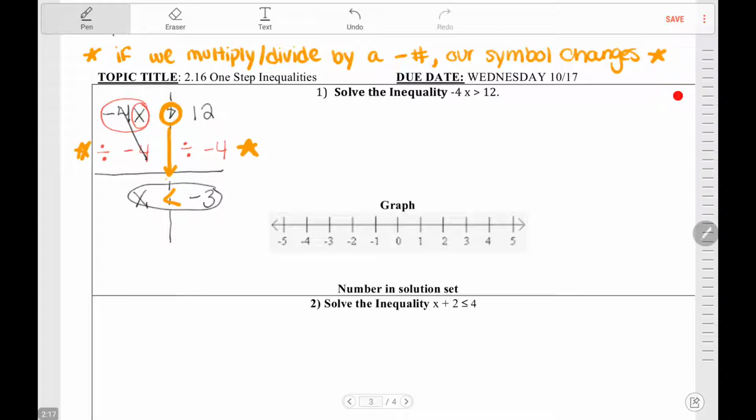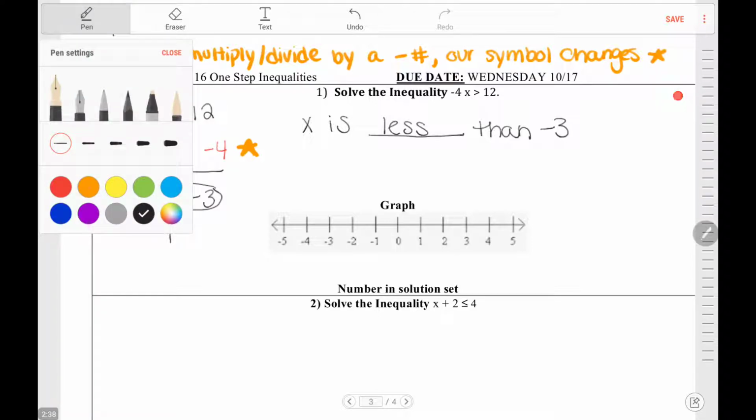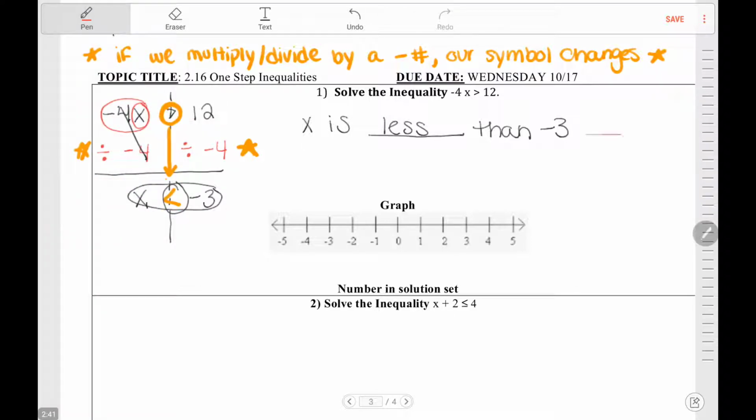Let's translate that. What does that say if I were to translate that into words? X is something, then negative 3. So what is that symbol, this orange symbol? Okay, that symbol is less than. Okay, so let's review our graphing rules. If I am less, my circle is open, and I shade to the left.